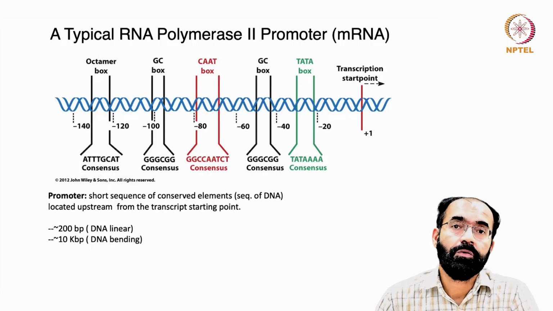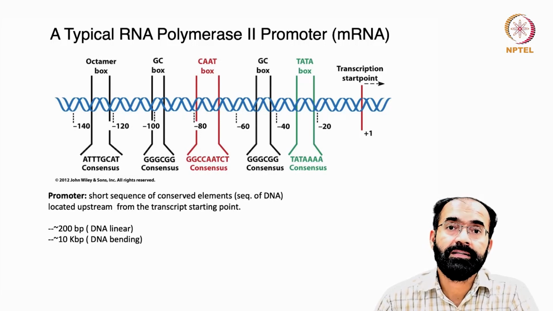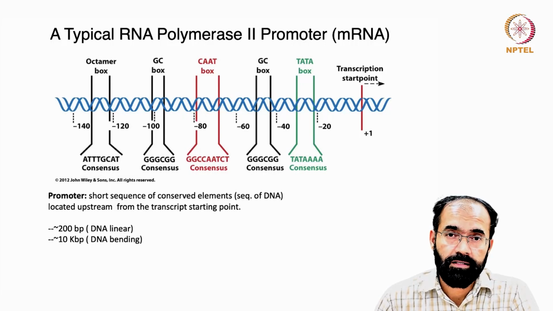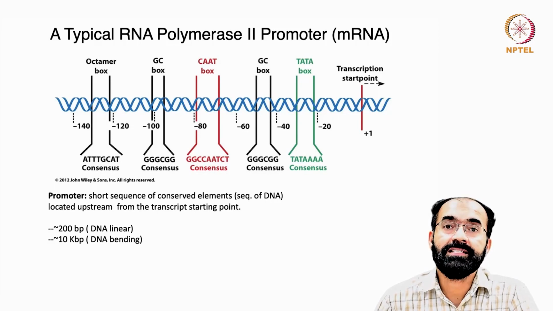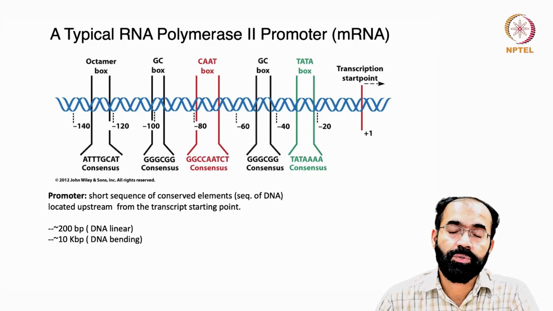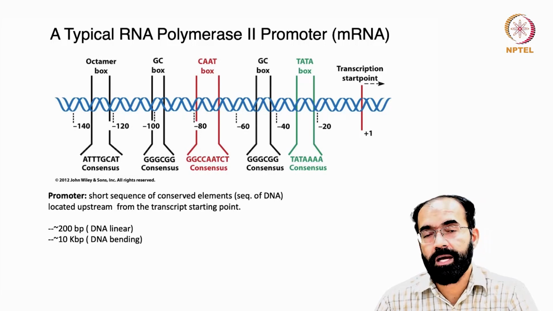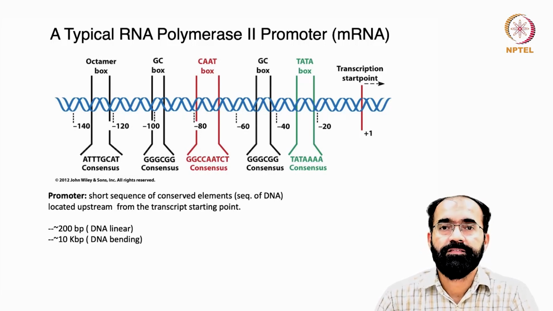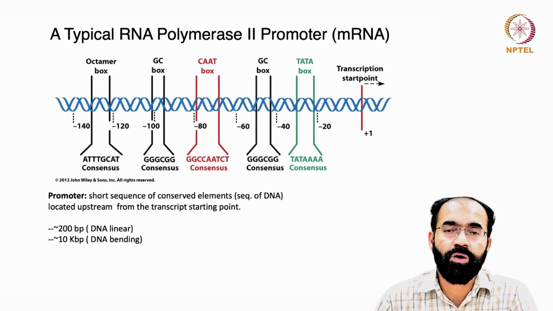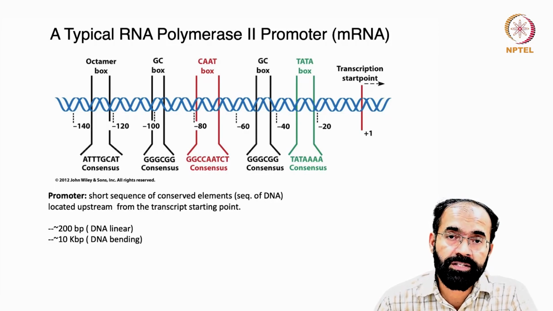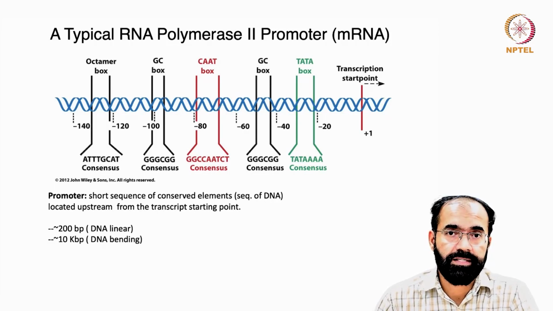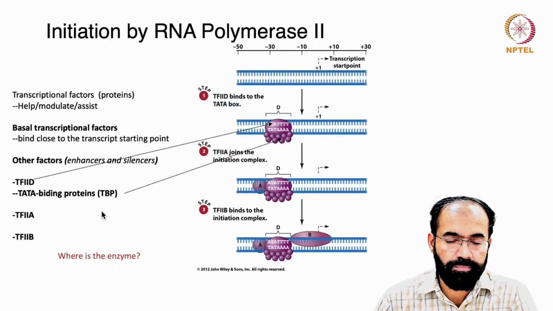That means 1000 nucleotides is 1 kb, and 1000 kb is 1 Mb. So it can be stretching much upstream also. We cannot define a specific boundary common to all the genes. It varies from gene to gene.